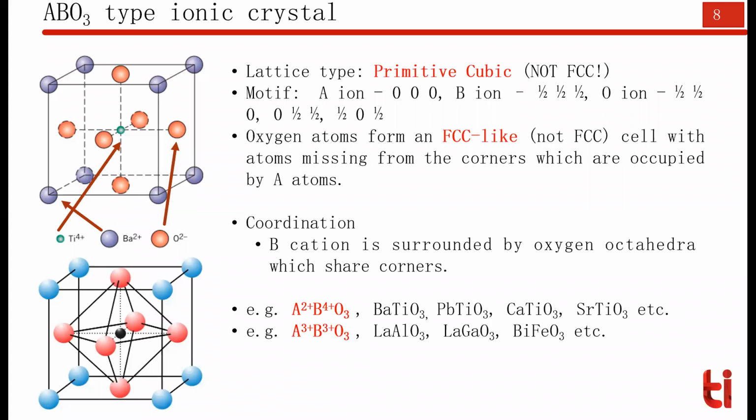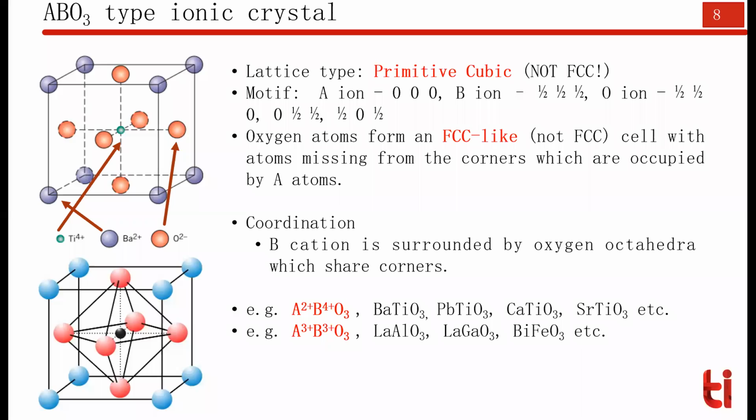So the motif coordinates for the A ion, remember the A ion is the one which has +2 valency. So barium goes and occupies the A site, and the A site in this case is the corner site, which is precisely the lattice position. So its motif coordinates are 0, 0, 0, because it is precisely on the lattice point.